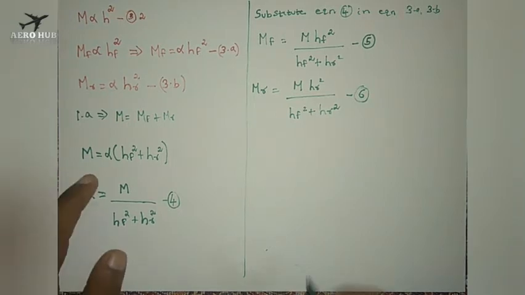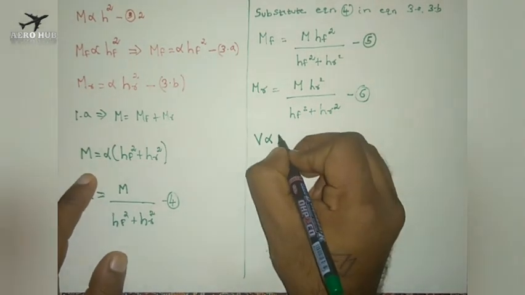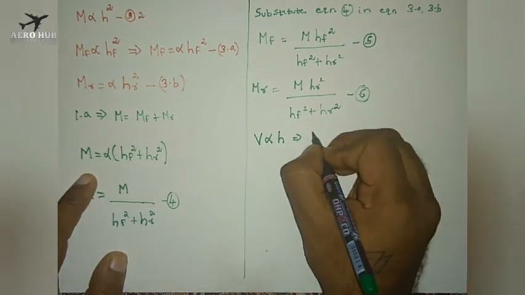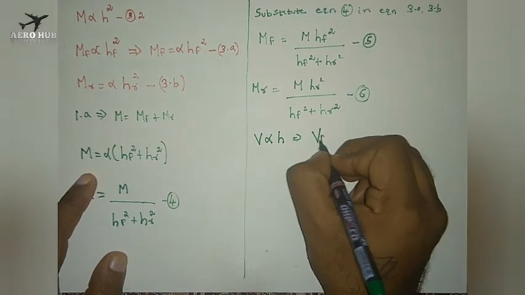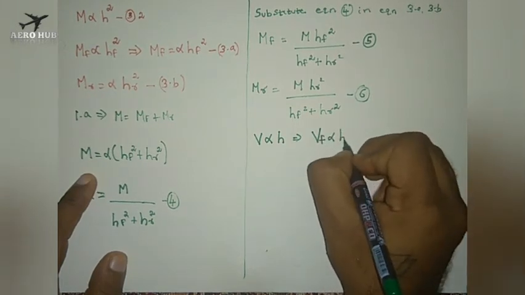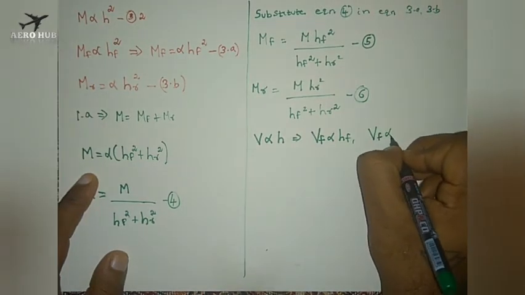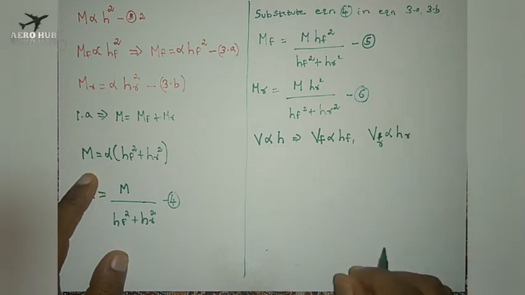Similarly, the shear force is proportional to the height h. That means the shear force acting on the front spar is proportional to the height HF, and the shear force acting on the rear spar is proportional to the height HR.